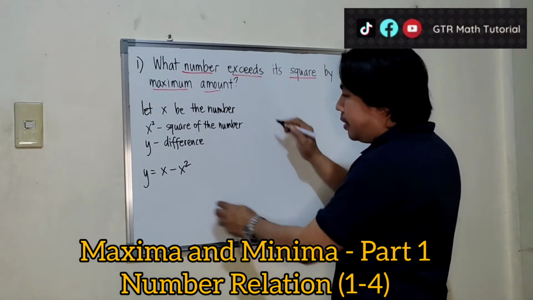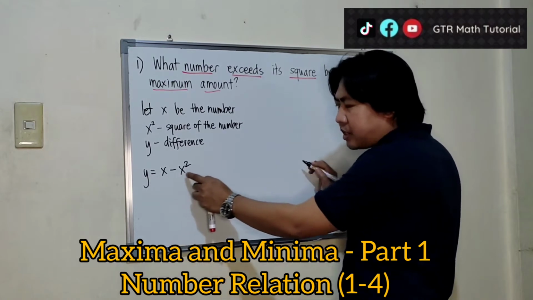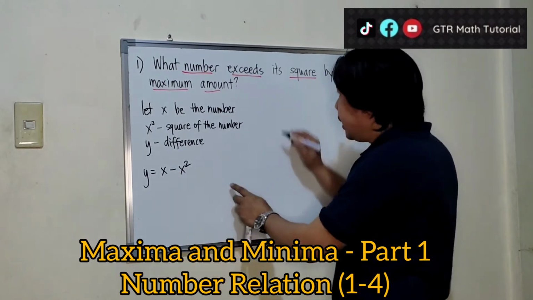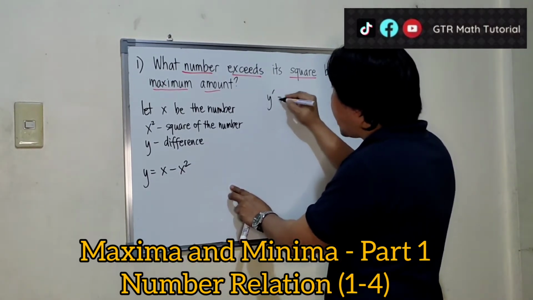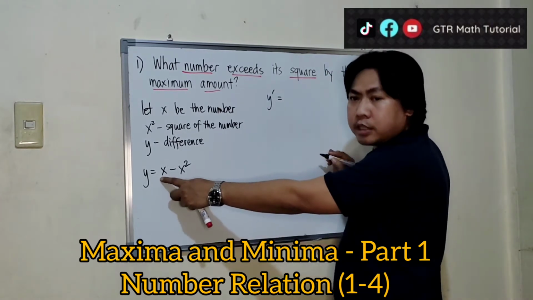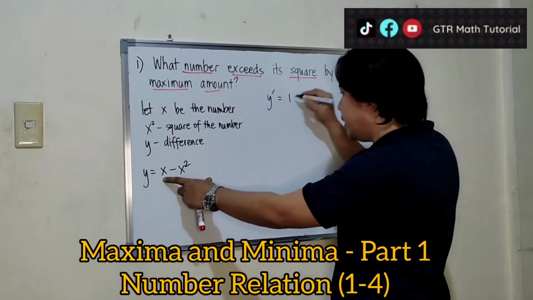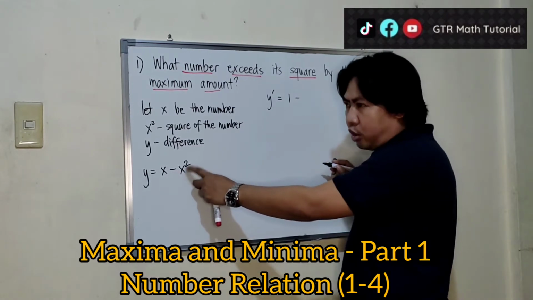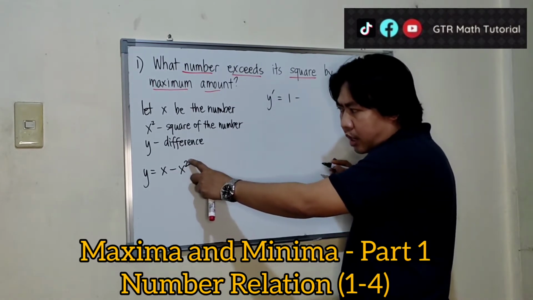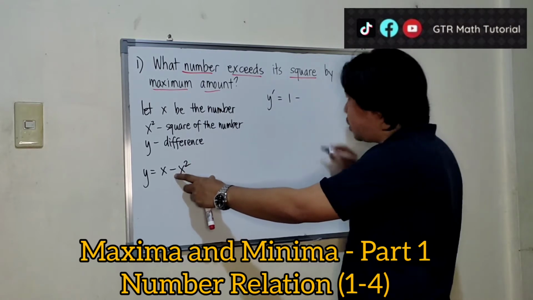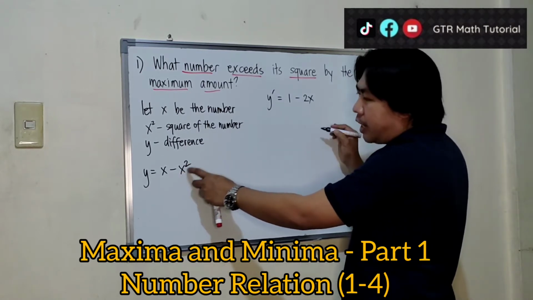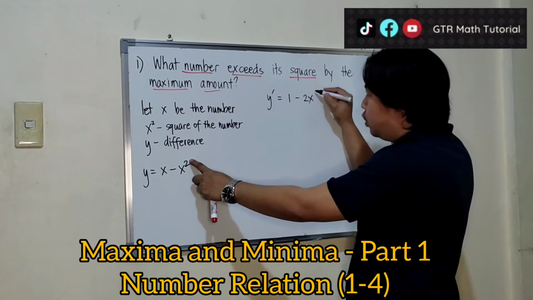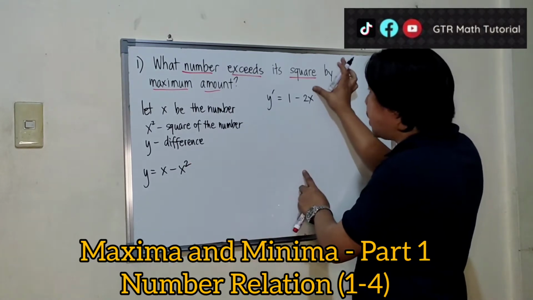So we have y equals x minus x squared. Find the derivative. Therefore we have y prime is equal to derivative of x with respect to x, that is 1, minus derivative of x squared. Power rule: multiply by 2, so we have minus 2x raised to 2 minus 1, that is 1, so no need to write 1. So we have 1 minus 2x.